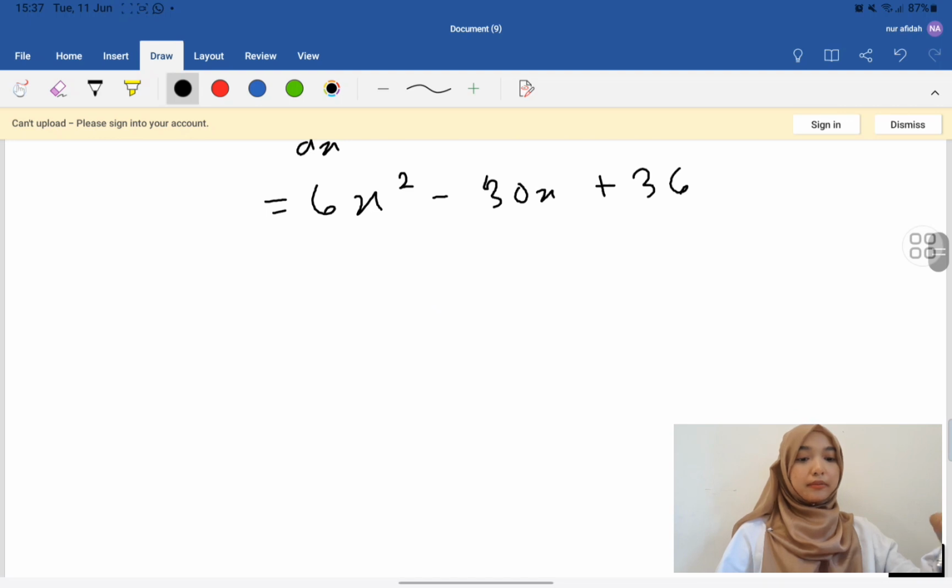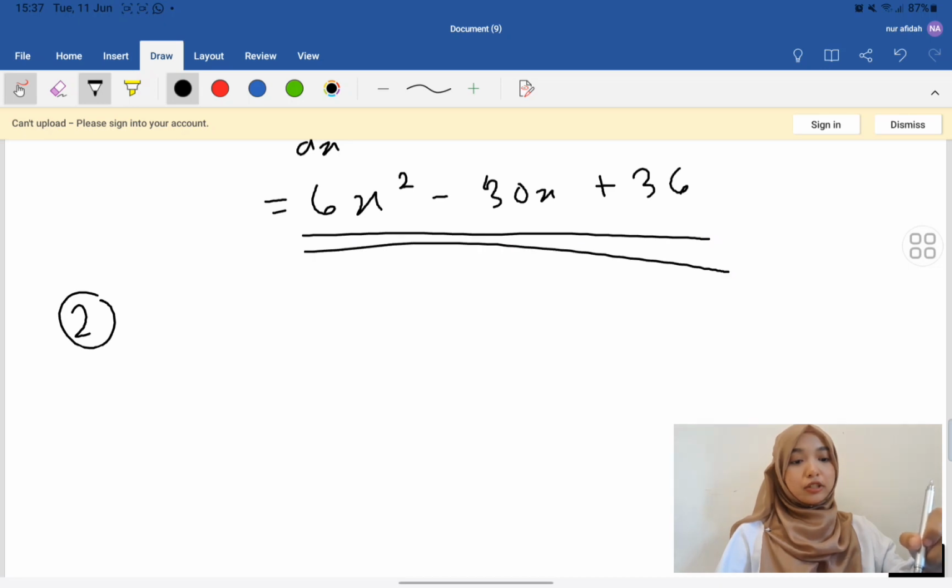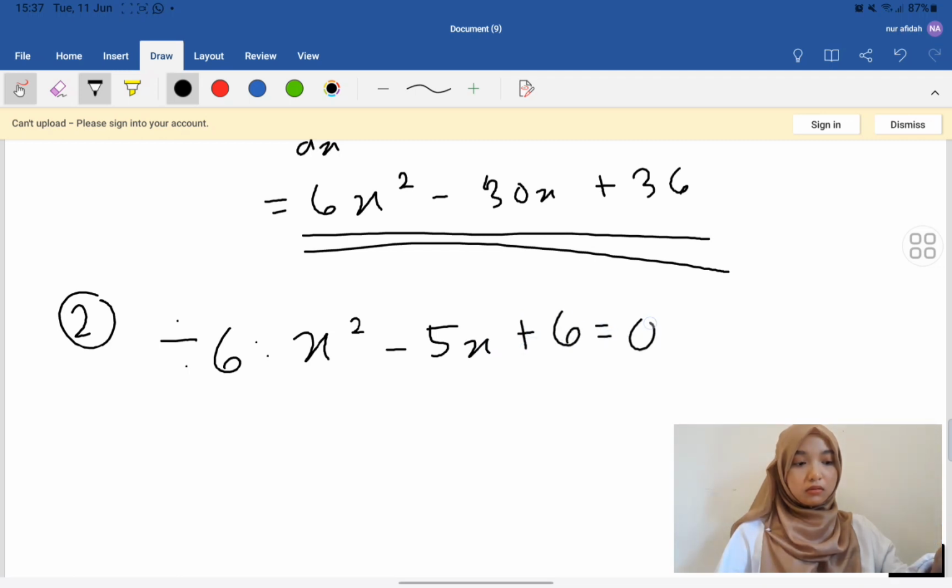The next step, we set the first derivative to 0 to find the critical points. By this equation, we divide through by 6, and we got this.